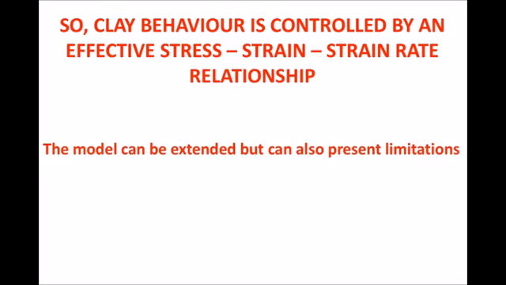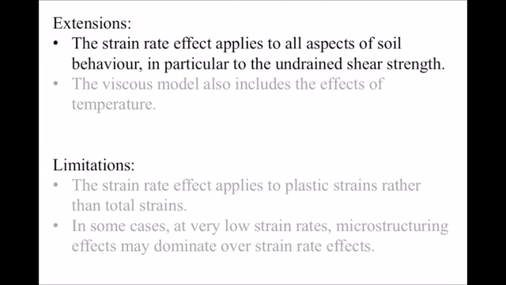So, clay behavior is controlled by an effective stress, strain rate relationship, and in fact this model can be extended but can also present limitations. Extension: the strain rate effect applies to all aspects of soil behavior and in particular to the undrained shear strength of the clay.